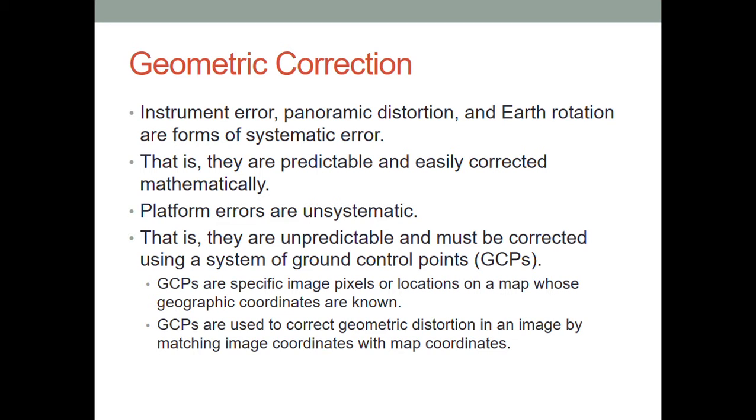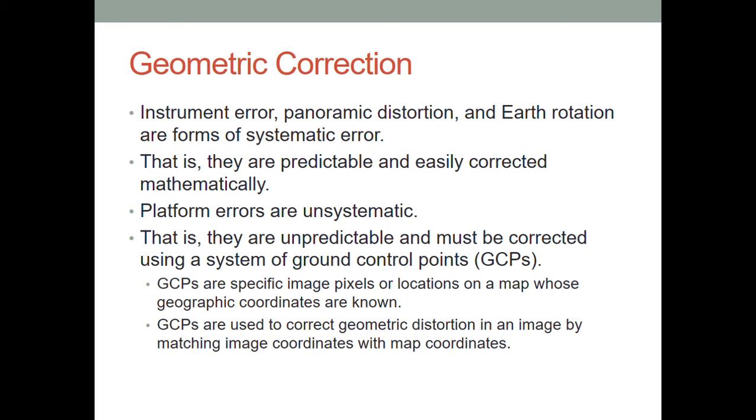So ground control points are specific image pixels or locations on a map where geographic coordinates are known. GCPs are used to correct geometric distortion in an image by matching image coordinates with map coordinates. If you fly using your own platform, let's say a drone, it is good practice to identify several features, or have your own GCPs, take the coordinates using your GPS and collect them.